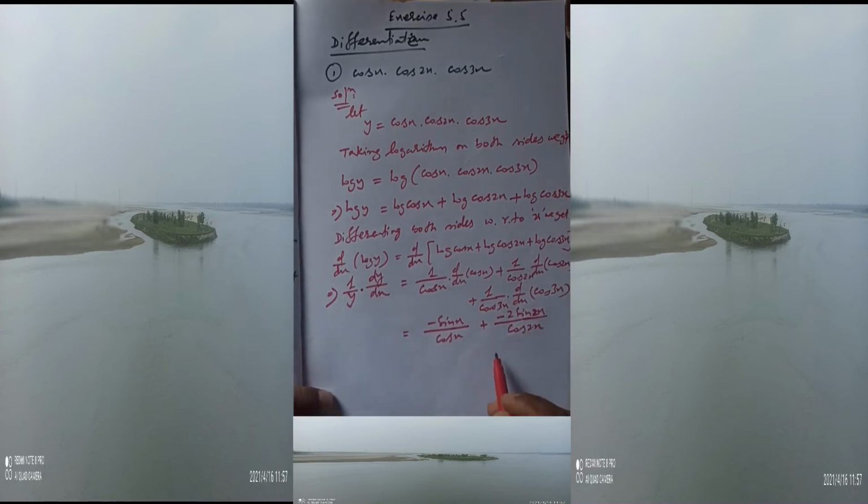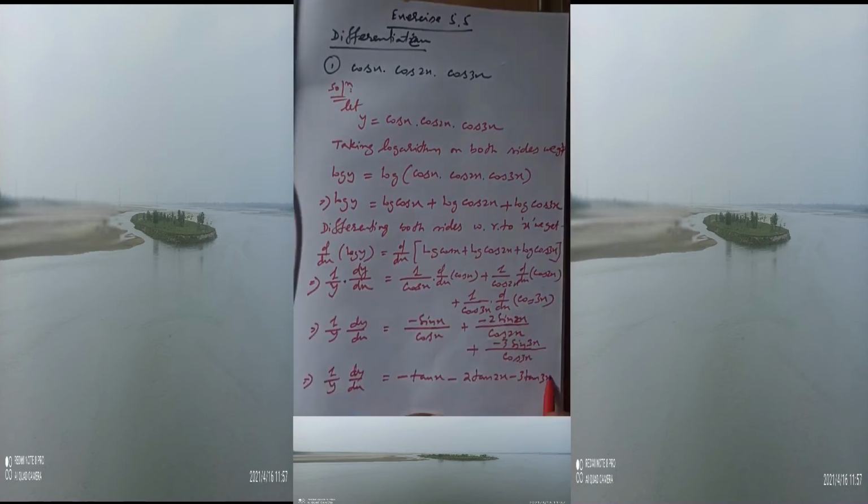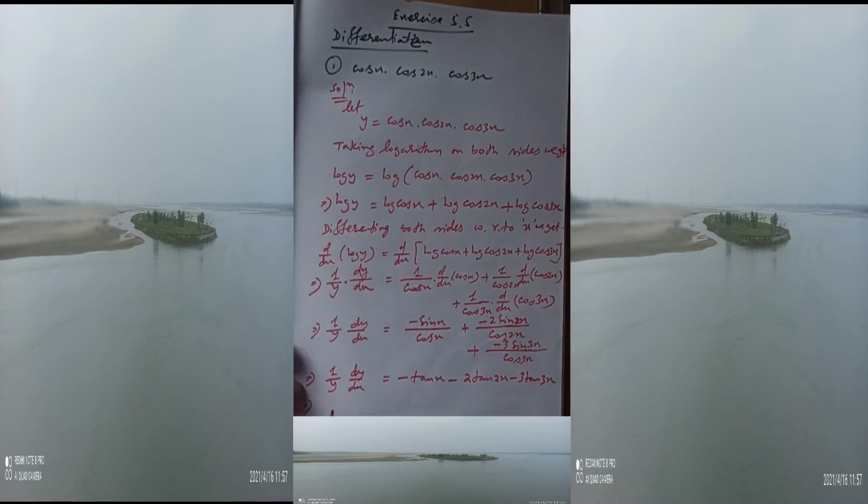Then the derivative of cos 3x is minus 3 sin 3x, divided by cos 3x, equal to 1 by y dy by dx equal to minus tan x minus 2 tan 2x minus 3 tan 3x. We have to cross multiply this y to that side.